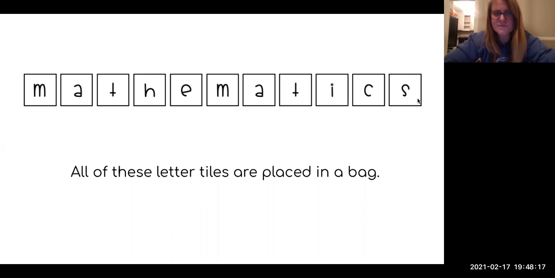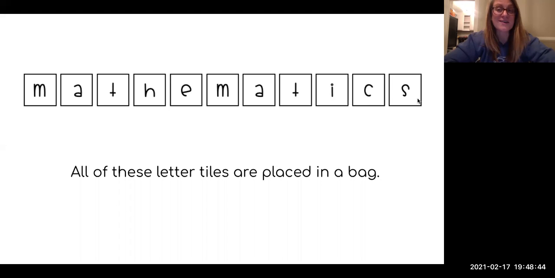Which letters are the most likely to be drawn and why? So M is more likely to be drawn because there are two of them. Another one would be A and T because there's two options in the bag as opposed to only one.